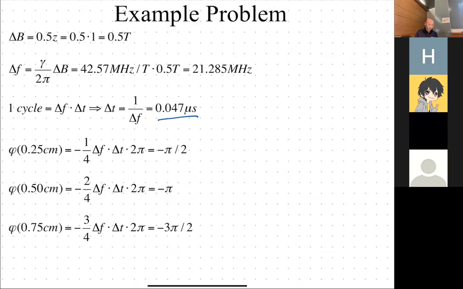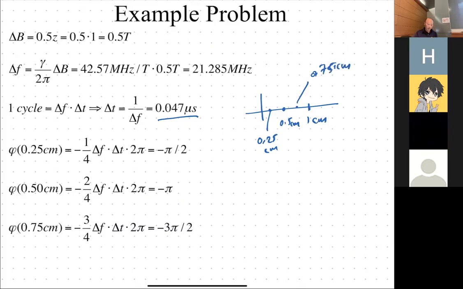And then if we look at other points, for example, here we looked at 1 centimeter, but we could also look at half a centimeter, or 0.25 centimeters, or 0.75 centimeters. And we could ask, how long does it take those spins to get back into phase?